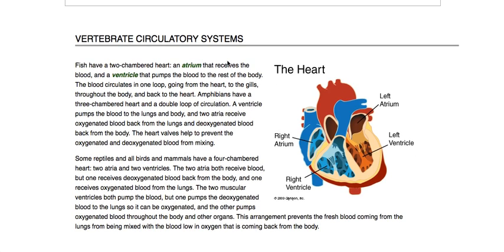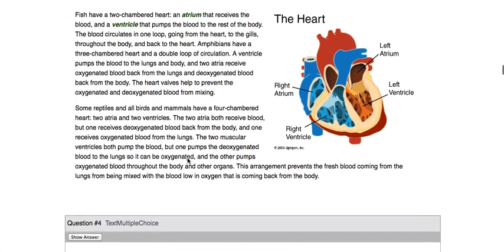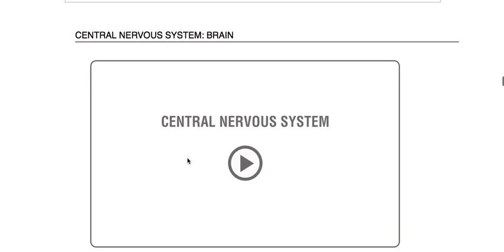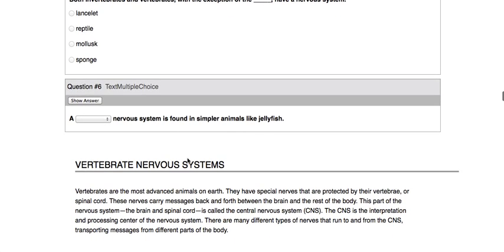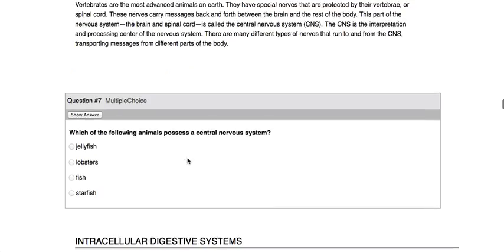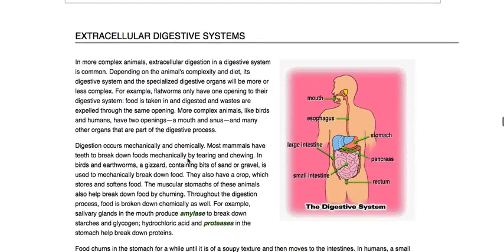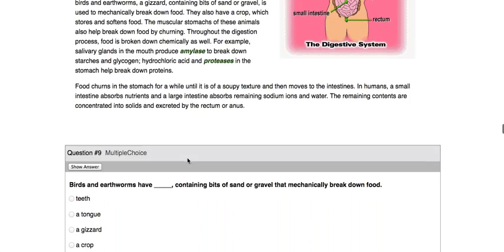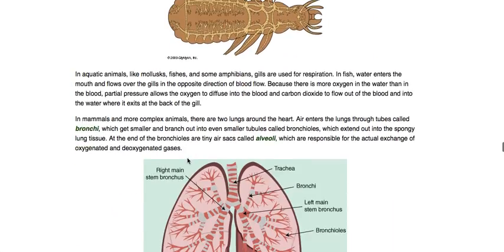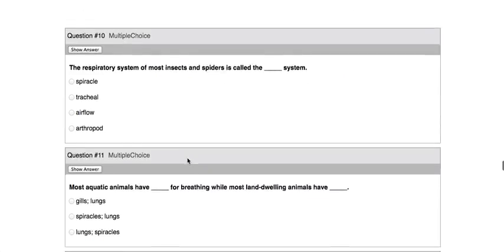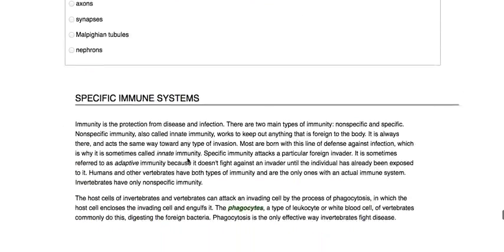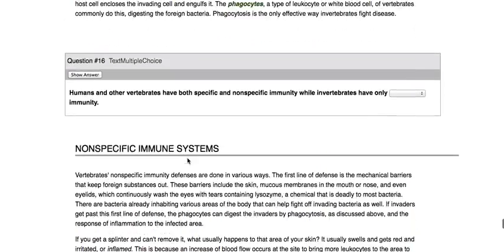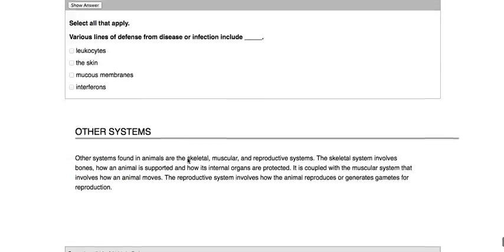And then talking about vertebrate circulatory systems and how they work. Talking about the central nervous systems, if that's a system that interests you for your project, or digestive systems and how they work. Respiratory systems also a good overview, and then of course excretory systems if that's what you're interested in, and then finally immunity.